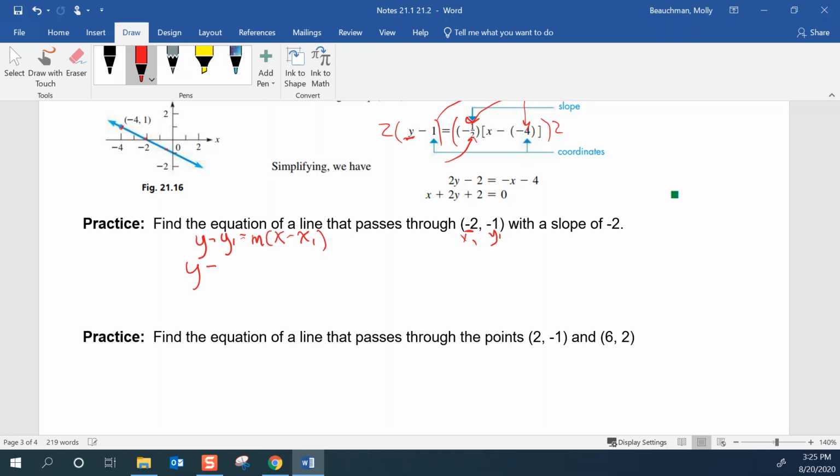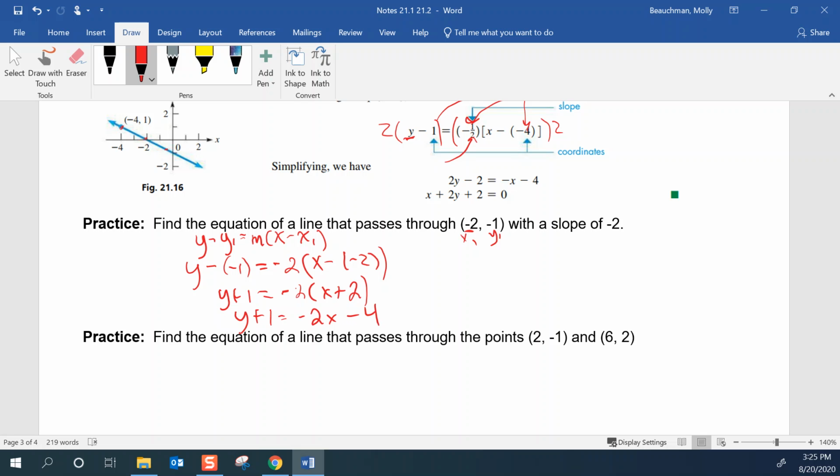So we get y minus y1, which is -1, is equal to m, the slope, -2, times x minus x1, which is -2. Okay, simplify. Y minus a negative is y plus 1, is equal to -2 times x plus 2. We get y plus 1 is equal to -2x minus 4 by distributing the -2.